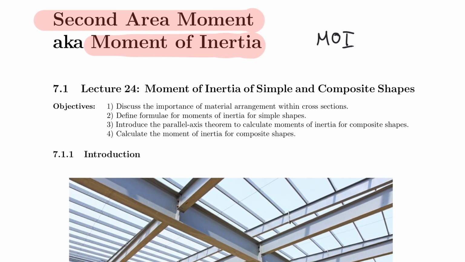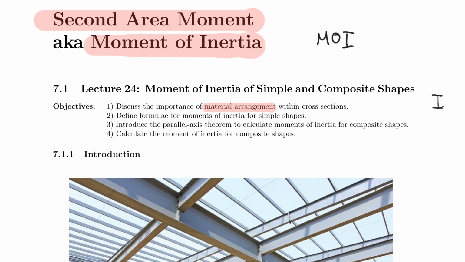Let me tell you that the first thing we need to discuss is the material arrangement or the distribution of the geometry within the cross-section. What do I mean by that? I mean that if you have a cross-section that looks like this, right? You have all seen these I-beams before.